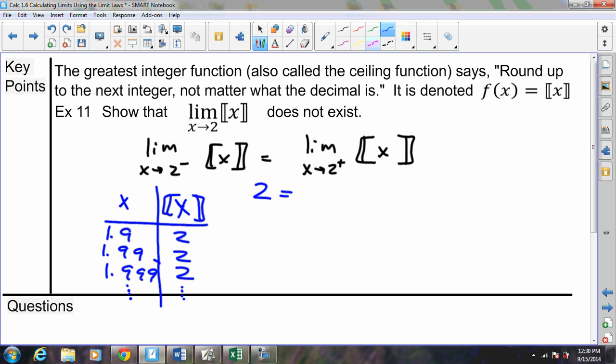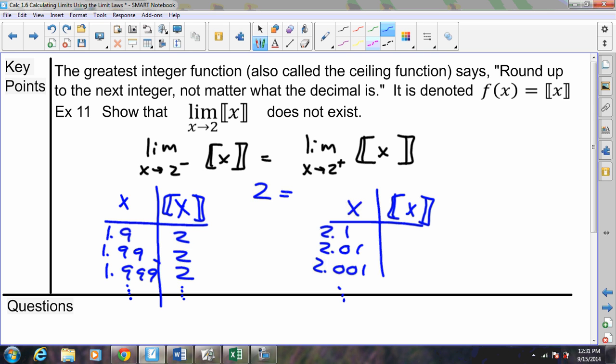But if we build a greatest integer table coming from the right-hand side, that's looking at pieces like 2.1, 2.01, 2.001, and so forth.